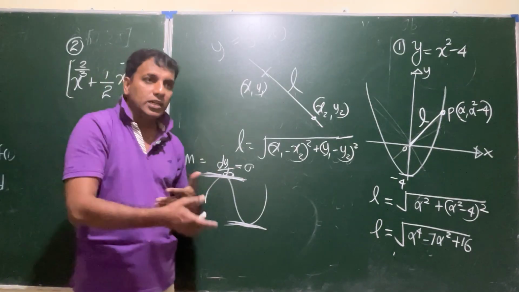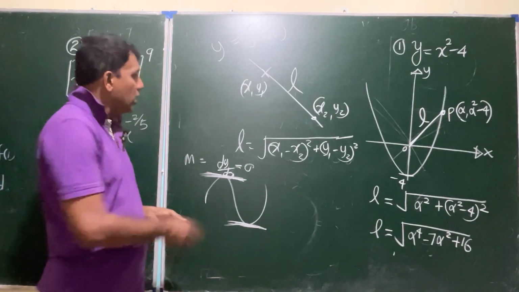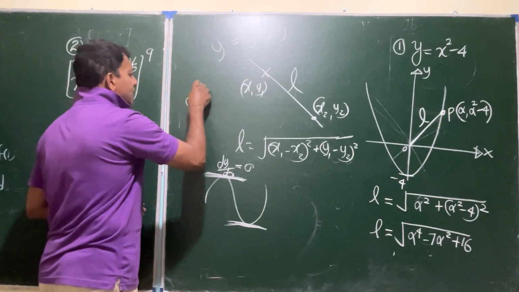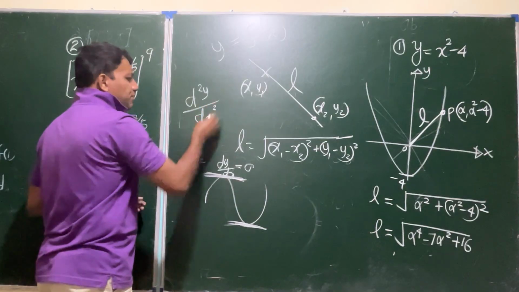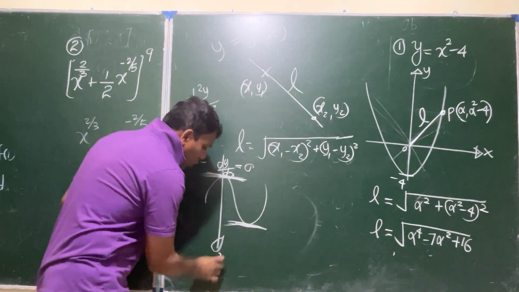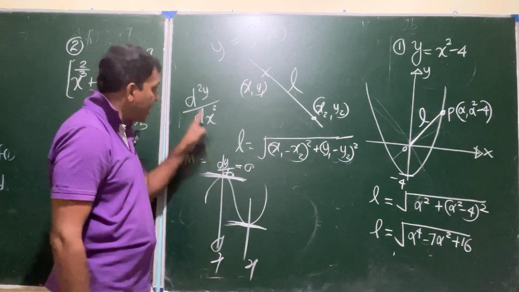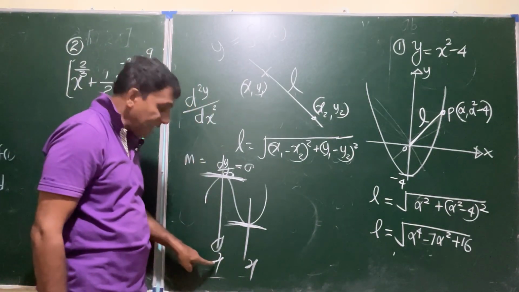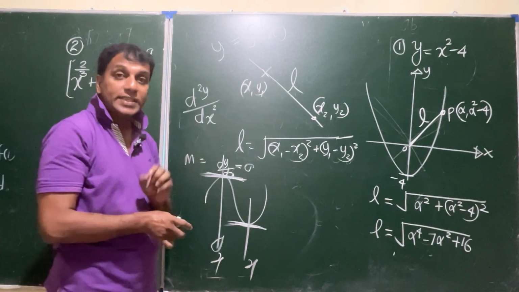Now we identify whether it's a maximum or minimum. For that, you can find the second derivative, right? Where you obtain the x value, if the second derivative for this x value is positive, then the graph has a minimum.